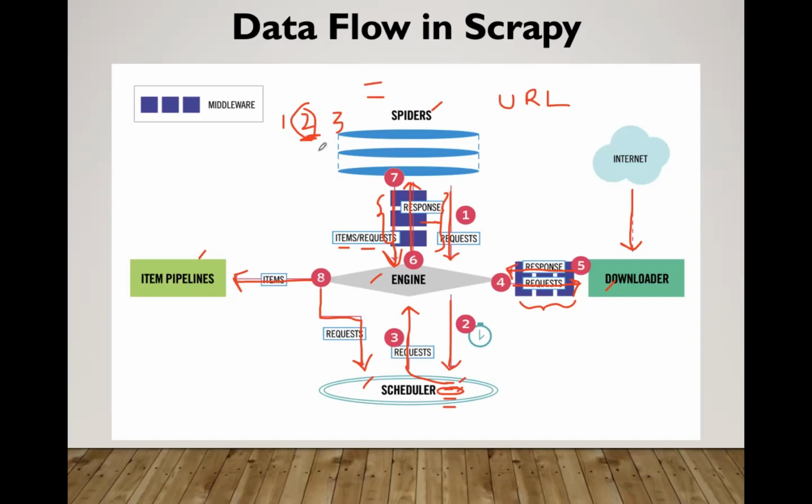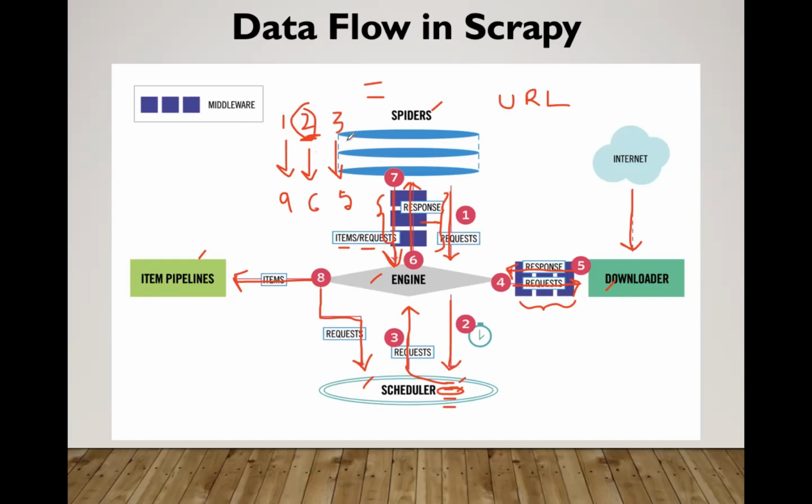Assume that each spider is sending n number of requests. Say spider 1 is sending 9 requests, spider 2 is sending 6 requests, spider 3 is sending 5 requests. Like that, each spider can send any number of requests.